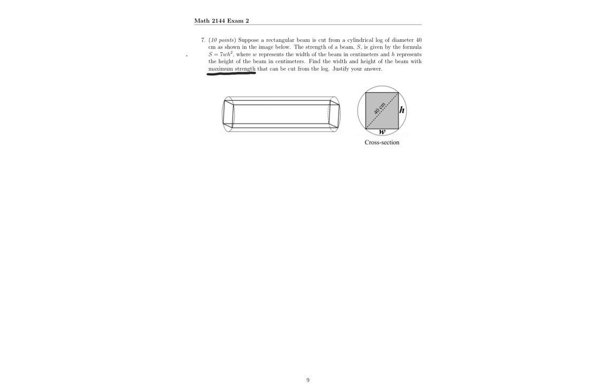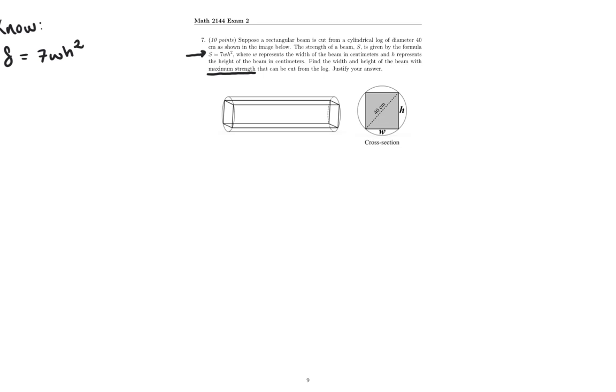So I see that the strength formula is given by S equals 7WH squared, and I want to find the maximum strength. So I know that my objective equation is S equals 7WH squared.